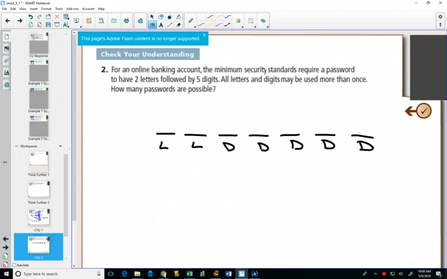How many letters in the English language? 26. And then 26. And then how many digits? 10. Because you would include 0. 1 to 9 plus 0. So 10, then 10, then 10, then 10, then 10. So we would multiply this all out.